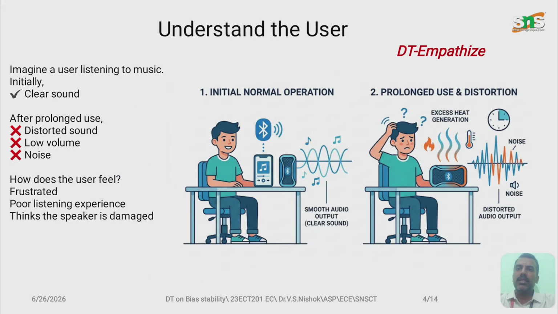So let us understand the user. Imagine a user listening to music. In the initial stage, as said earlier, we will be getting a clear sound. After a long time, we will get a distorted sound. That is noisy sound, and with low volume or high volume, the variations occur.